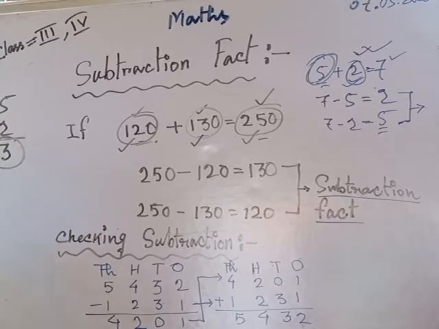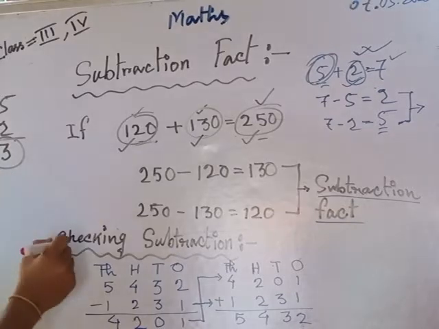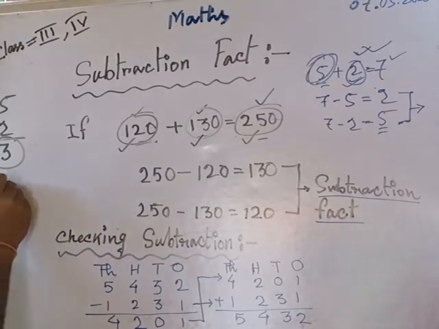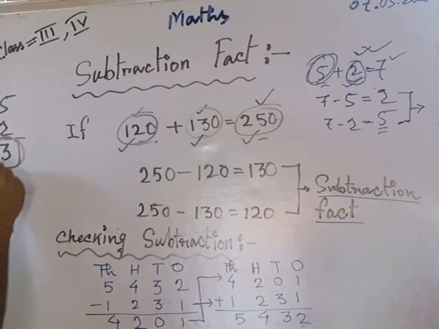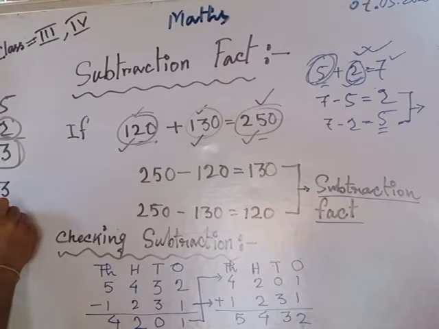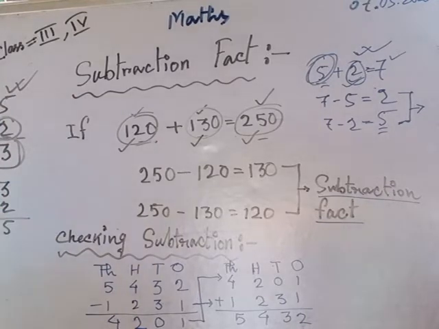To check, you write the result of the subtraction, 3, and add the next number. If you get the first number, your answer is correct. 3 plus 2 is 5.